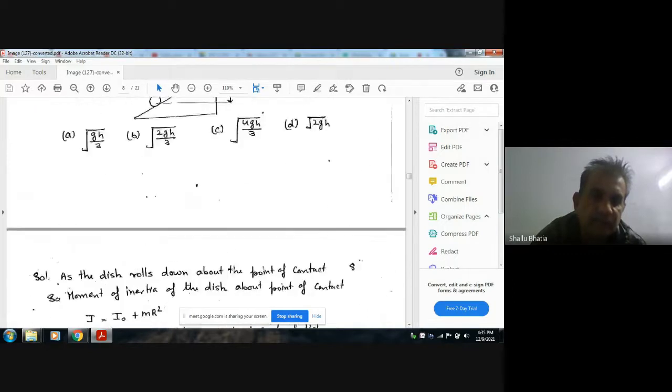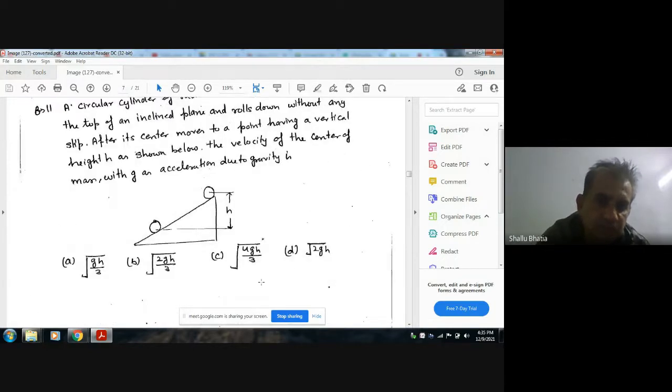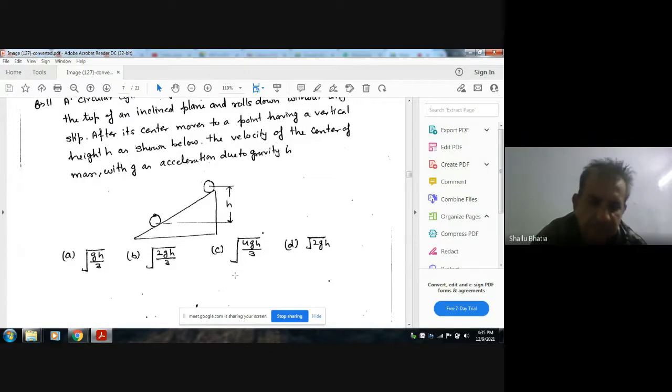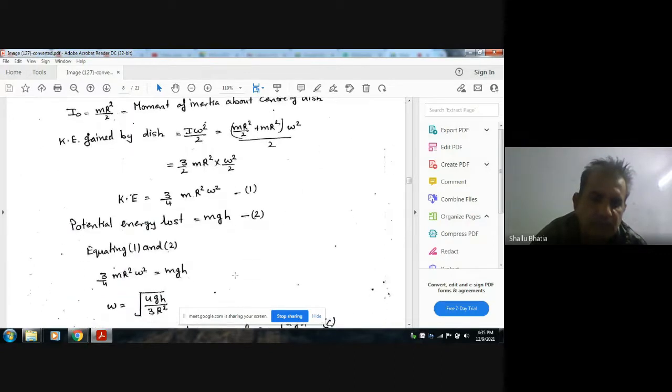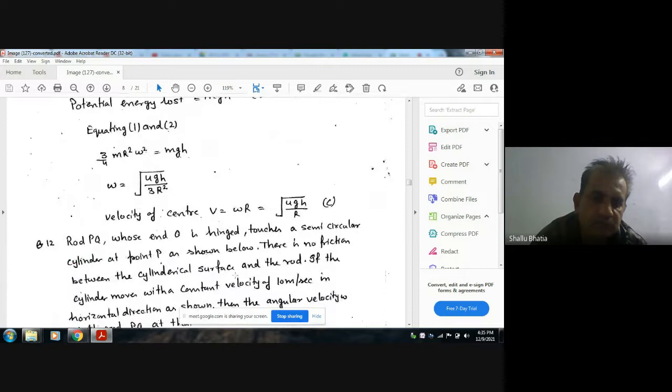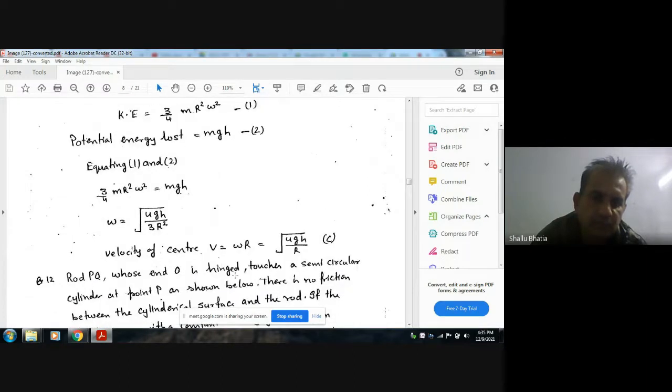when it comes from this point to this point, the potential energy loss is mgh. Equating these two, we can get omega. Omega r is the velocity of the center, because the disk is rotating about the point of contact, so the velocity of the center will be omega into r.